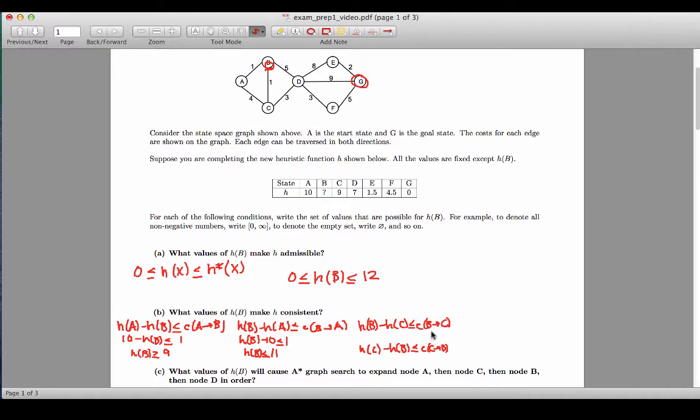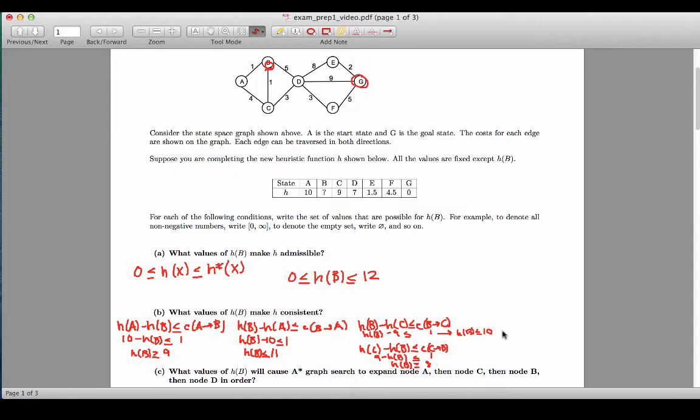And that cost in this case is 1. H of c is 9. So h of b minus 9 should be less than or equal to 1. So that gives us h of b is less than or equal to 10. And this one gives us 9 minus h of b is less than or equal to 1. H of b is greater than or equal to 8.